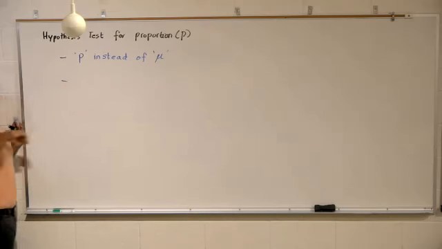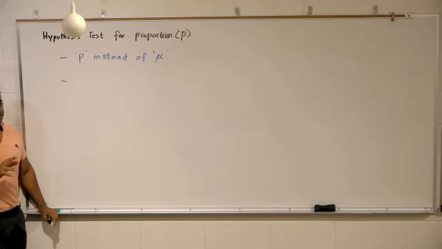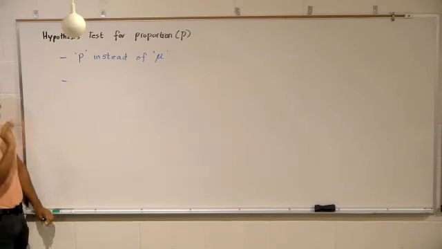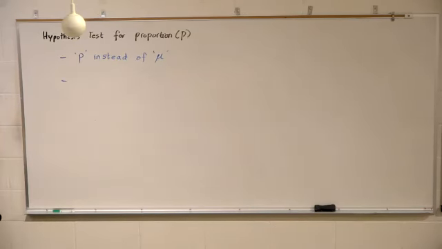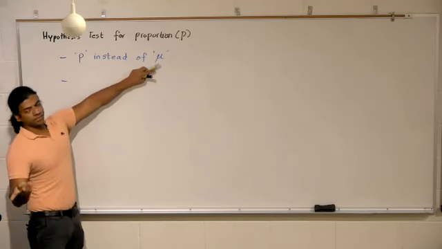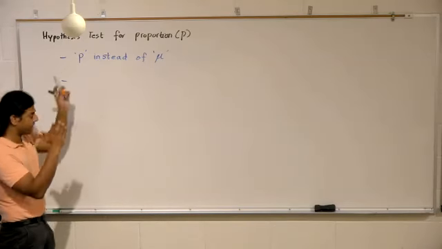P is a proportion, so the value of p, whatever you have in the problem, should be a percent, between 0 and 1. So mu could be any value, but p is always between 0 and 1.